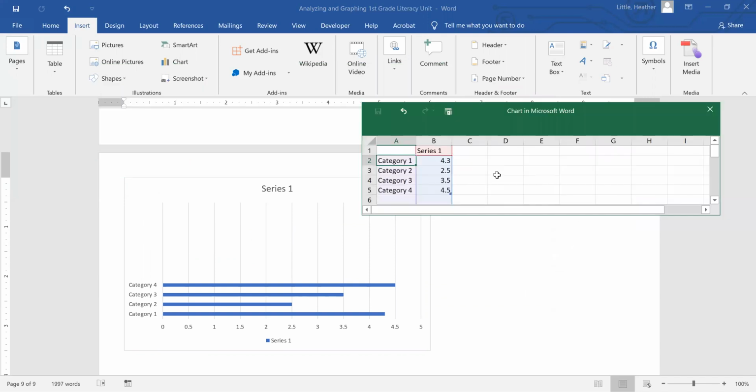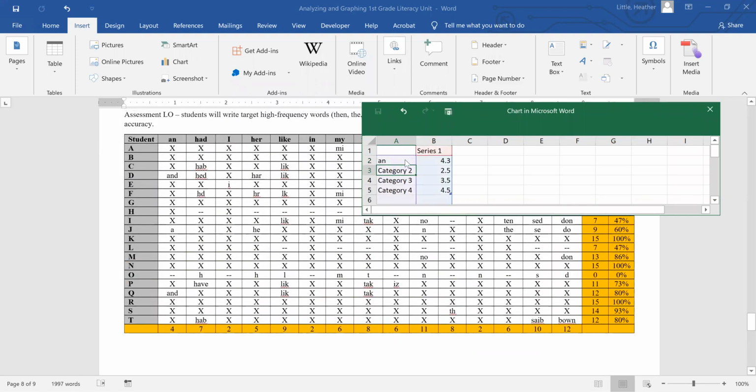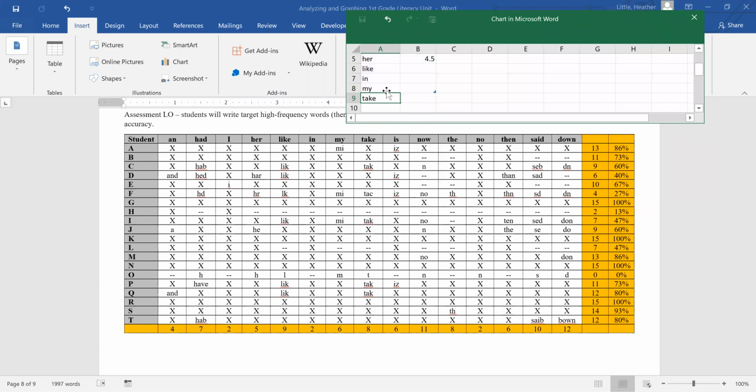And our words are: and, had, I, her, like, in, my, take, is, now, the, no, then, said, down.